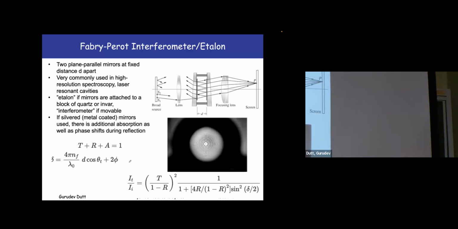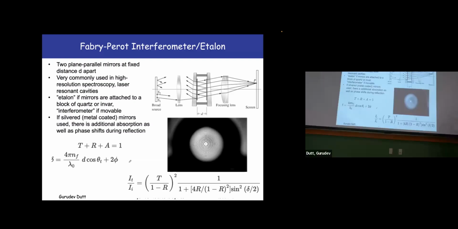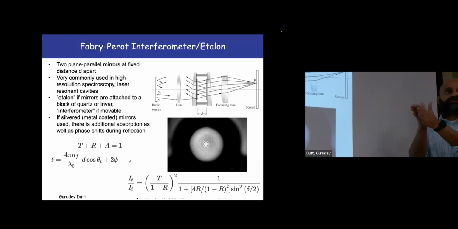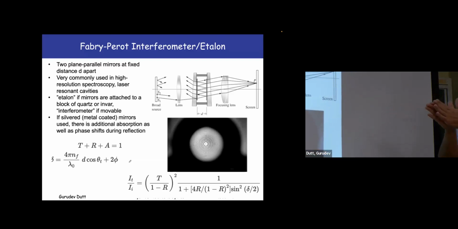It's commonly used in high-resolution laser spectroscopy and in resonant cavities for lasers. There are two different words here: one is echelon and one is interferometer. Echelon is used because the spacing between these mirrors matters so much, and they have to be exactly parallel to each other for this to work correctly.